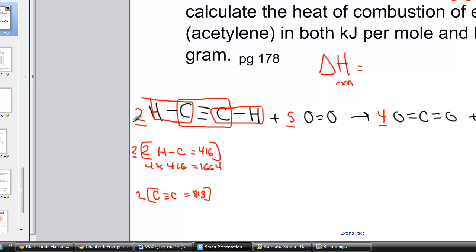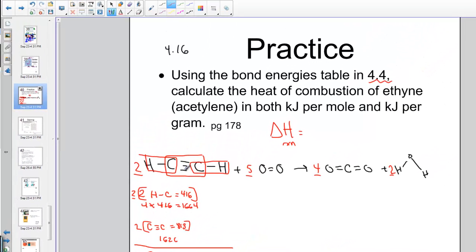Because we have two molecules, each with one C triple bond C at 813, I have to double that. 813 doubled is 1626. All of the energy contained in two fuel molecules would be the sum of 1664 plus 1626, and that's 3290 kilojoules. That's our first reactant, 2 units of acetylene.